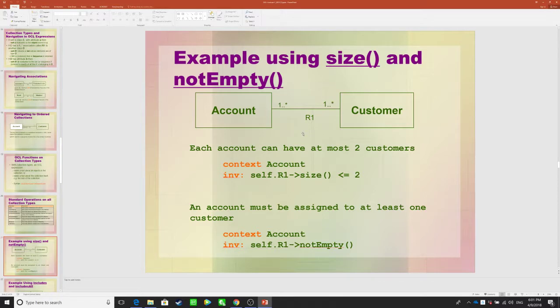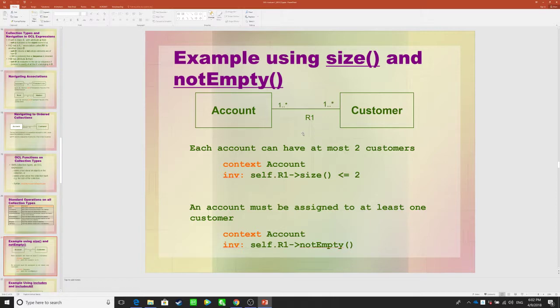It's not an object. It's a set, or a collection. It can be a set or a sequence.